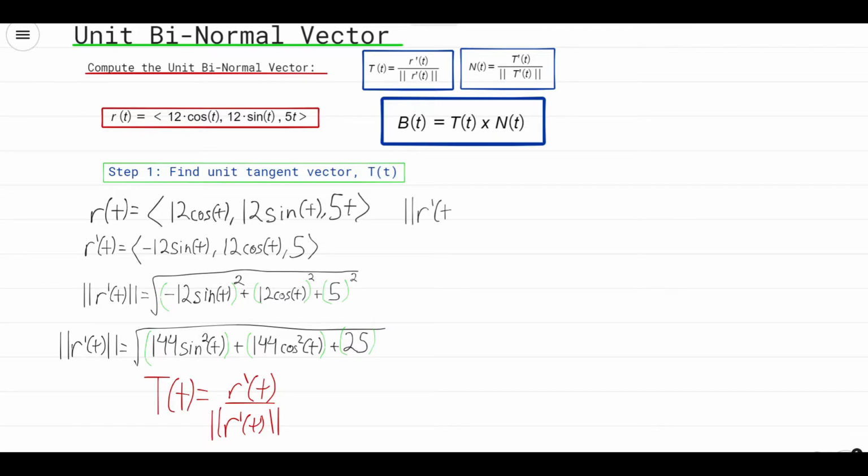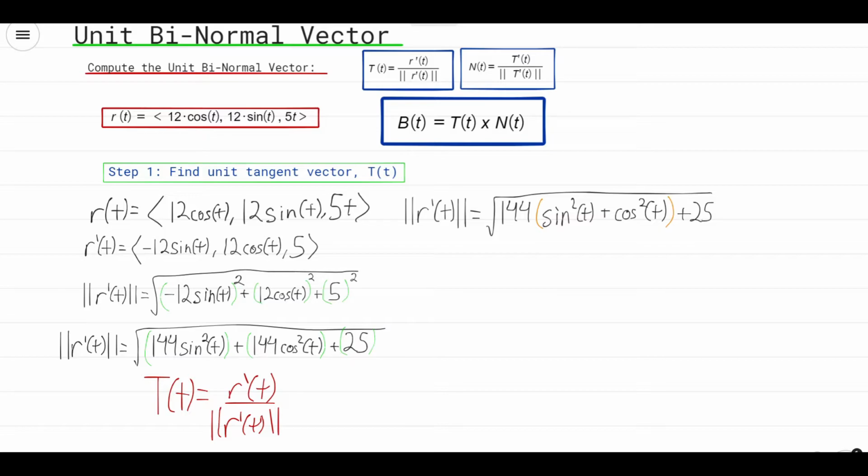Notice how we have a 144 for the first two terms, so we're going to factor it out. We're left with 144 times sine squared plus cosine squared, plus 25. The 25 is separate because we only factor the first two terms.